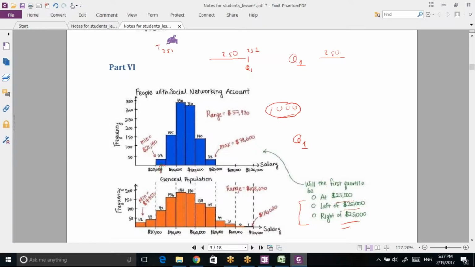Now tell me, where will this 251st lie? Here only 33 values are there. Here we have 155. So the 251st term will be somewhere in this bar. So Q1 will be to the right of $25,000. Clear? Okay, good.